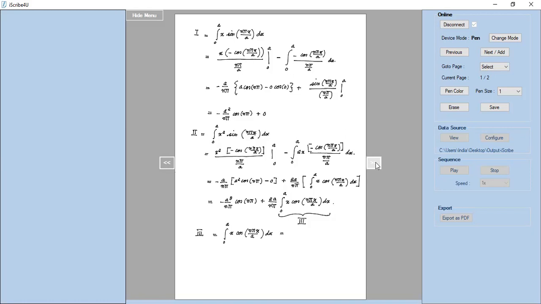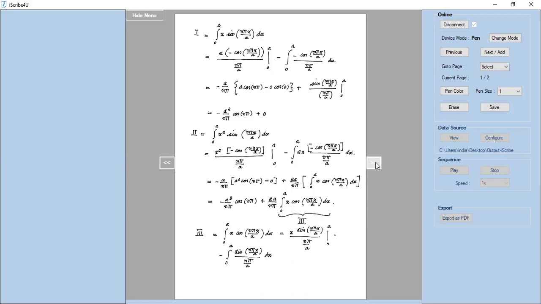Okay, and this is going to be nothing but x sine(n pi x by a) by n pi by a from 0 to a. And then you have minus integral 0 to a of sine(n pi x by a) divided by n pi by a dx, right?